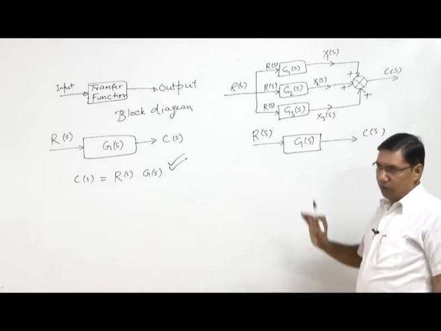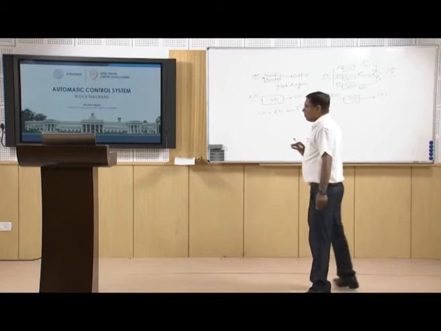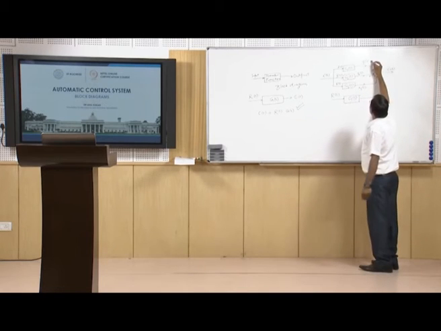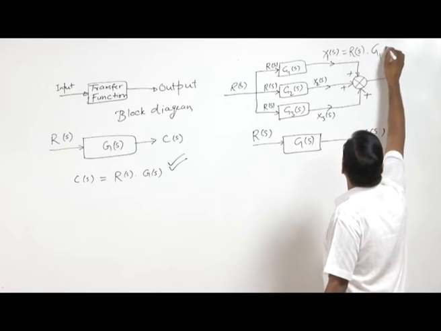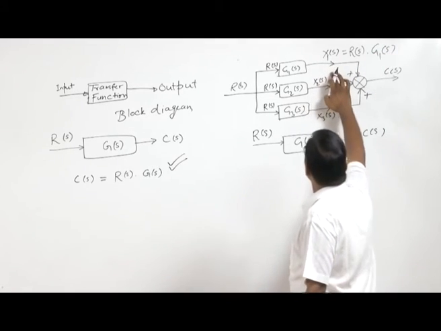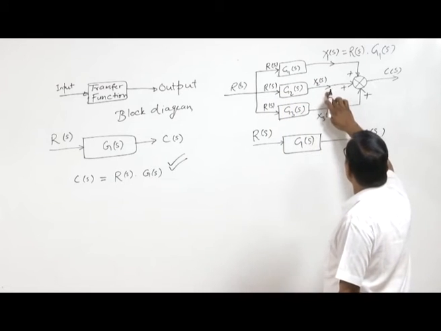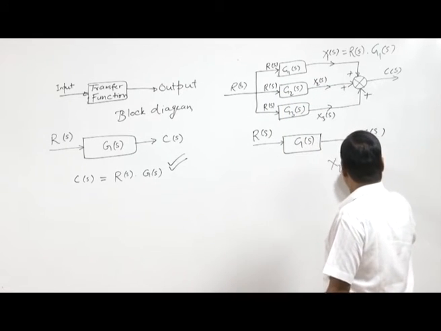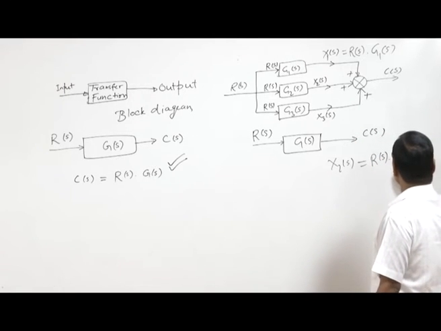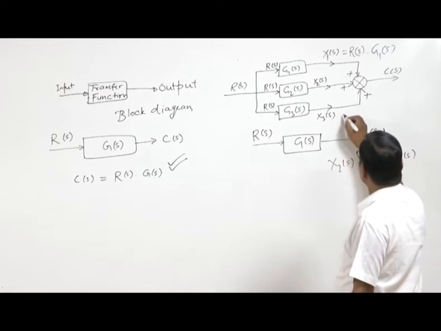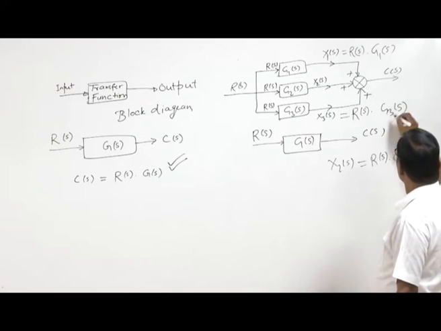Now we know that X1(s) equals R(s) into G1(s), because output is equal to input into the transfer function. Here X2(s) equals R(s) into G2(s), and X3(s) equals R(s) into G3(s).